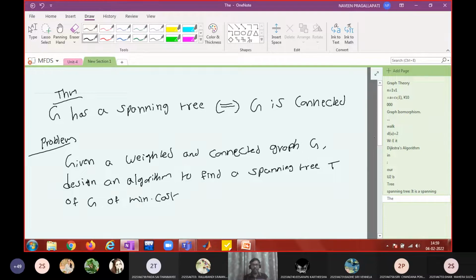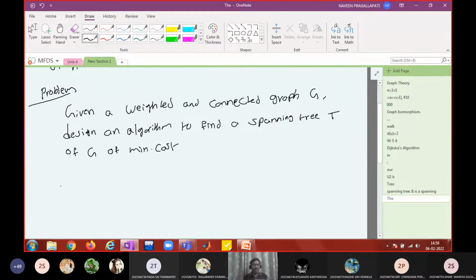That means to find an MST of a weighted and connected graph.